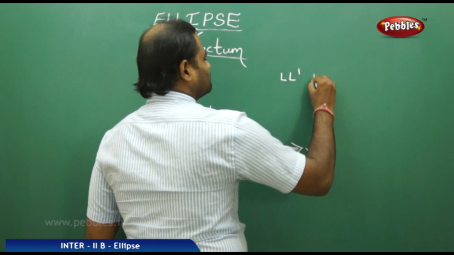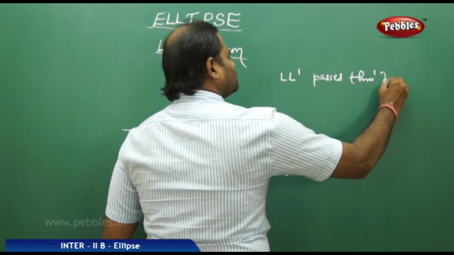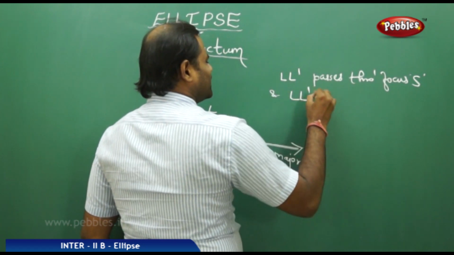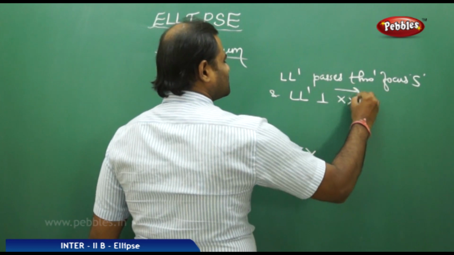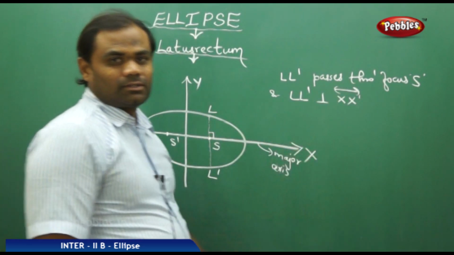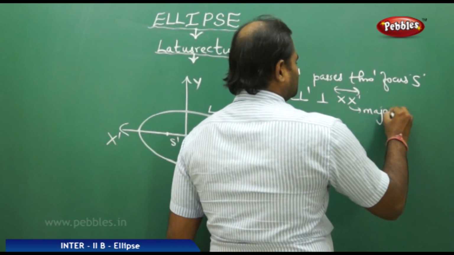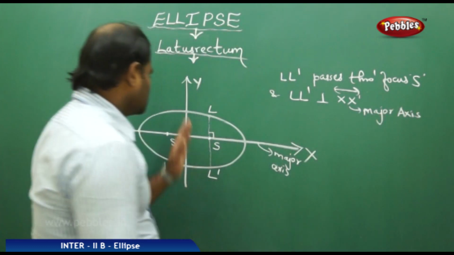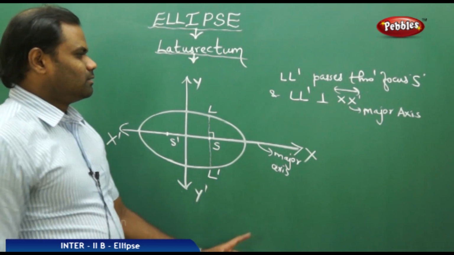LL dash passes through focus S and LL dash is perpendicular to X dash X, which is the major axis. And this is the minor axis, is how we identify.